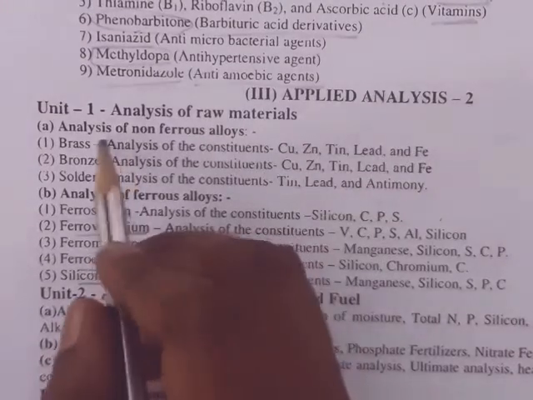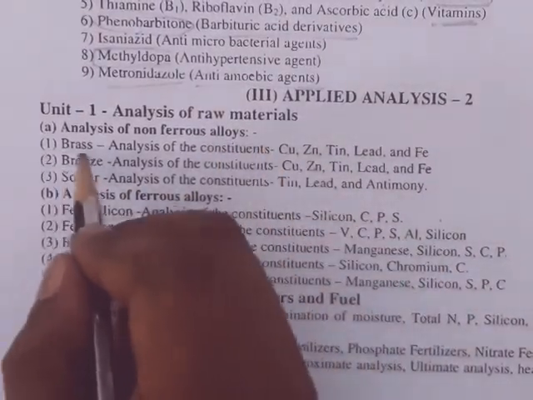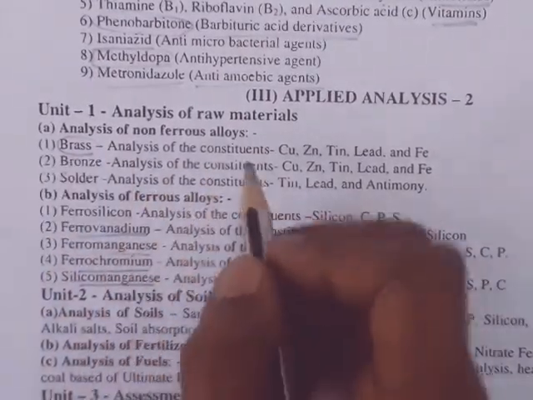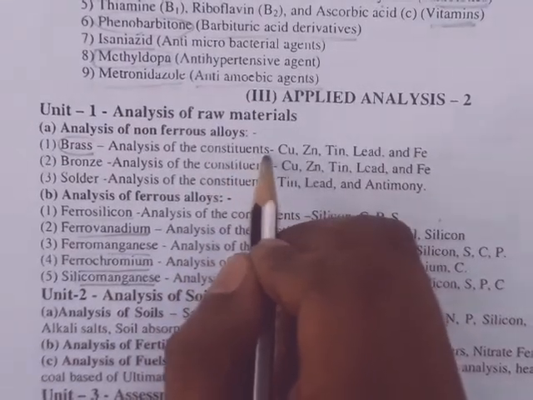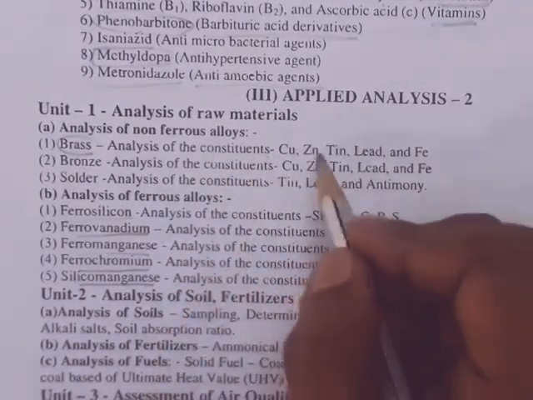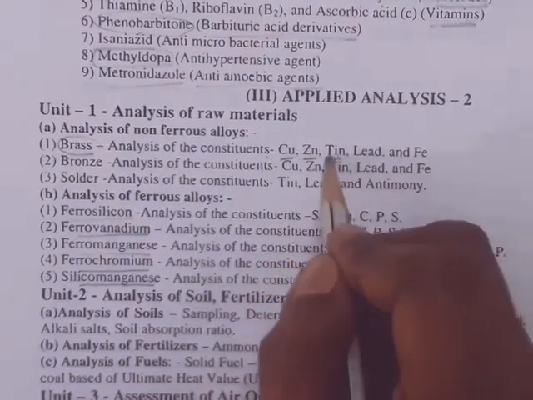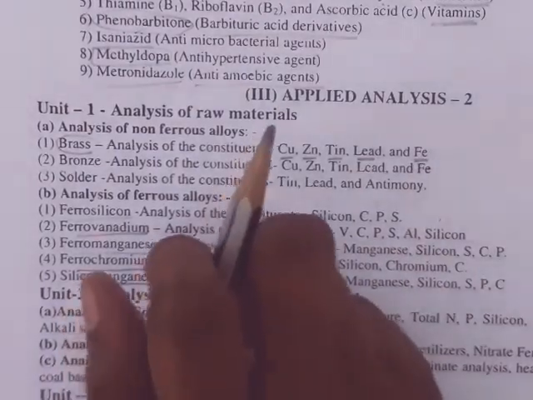Okay. First, analysis of non-ferrous alloys. First one is analysis of brass. In analysis of brass, the constituents to be determined are copper, zinc, tin, lead and iron. Okay.